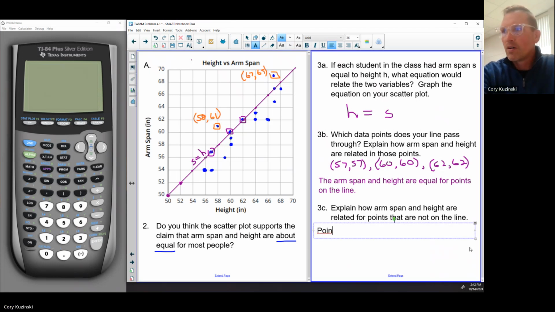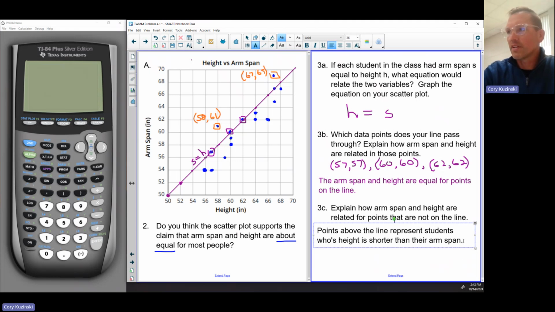Points above the line represent students whose height is shorter than their arm span. Or how about this?